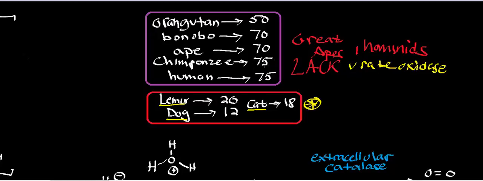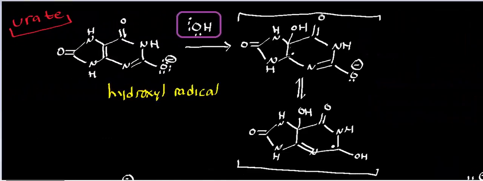So why might it be that great apes, the higher level primates, could live longer? Could it be that because they lack a functional urate oxidase, the higher levels of urate that they produce and get into the blood have some protective properties? It's a well-established fact that radicals cause aging.